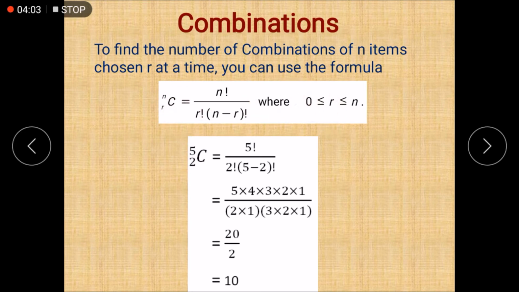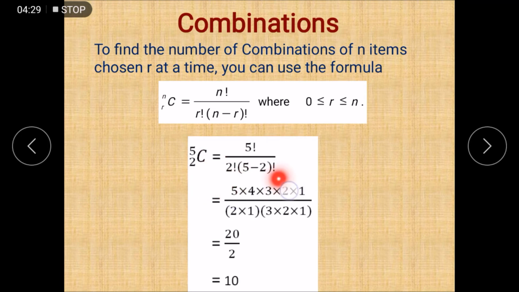So you can see n factorial divided by n minus r factorial. This part of it is still permutation, but since we have fewer possibilities now, you divide by r factorial. Back to the same example, A, B, C, D, E, choose 2.